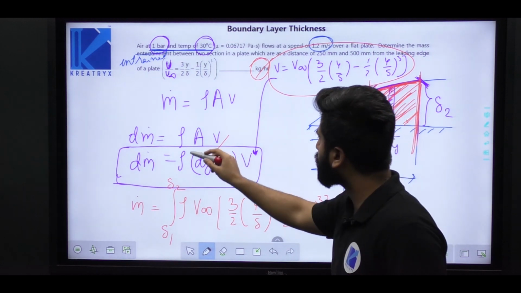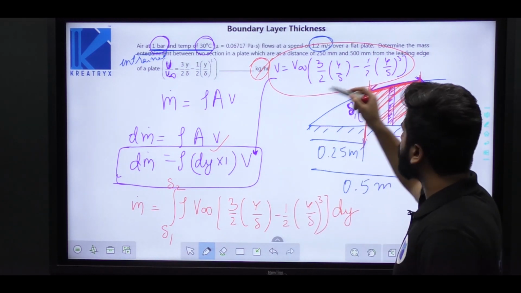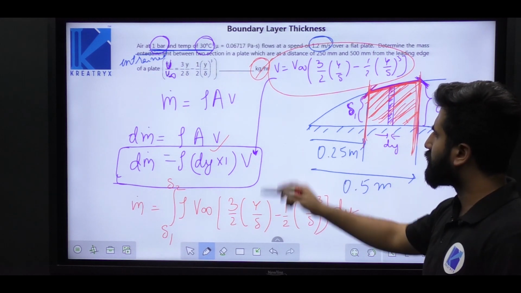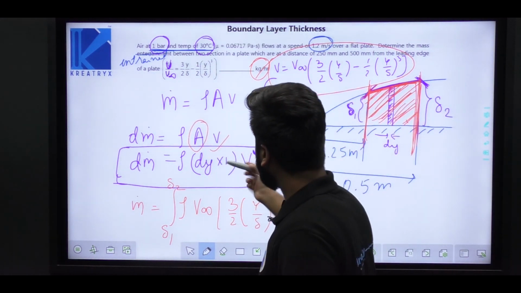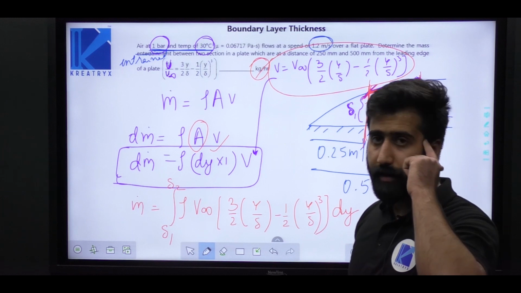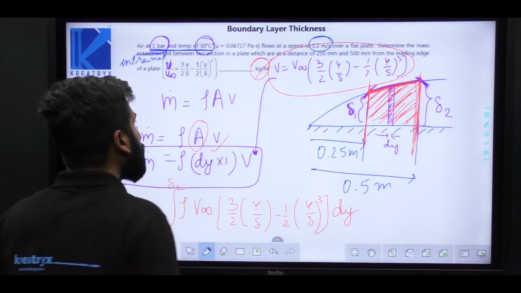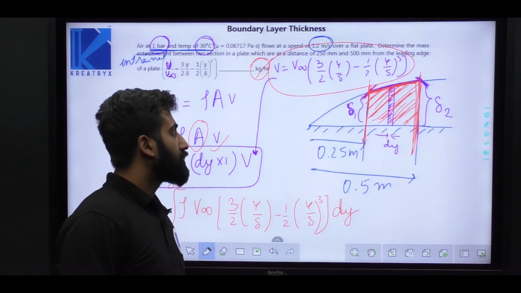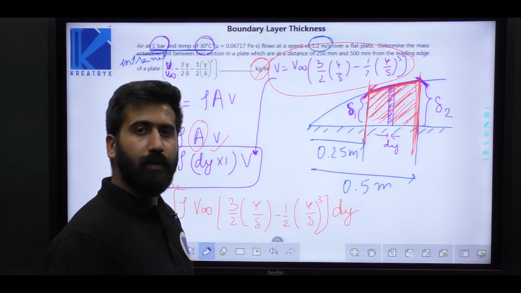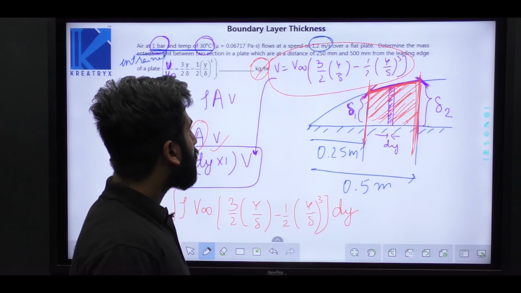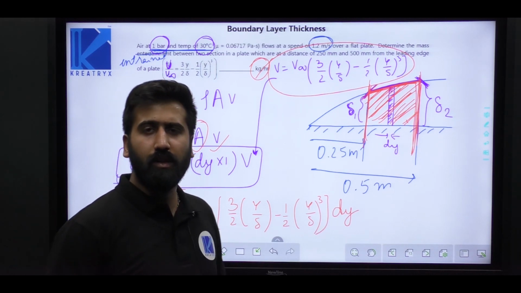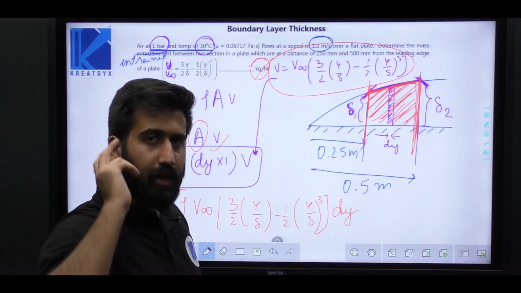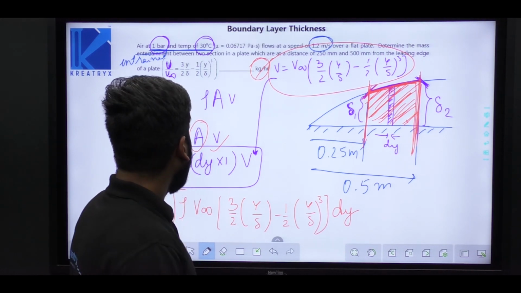Take a smaller section dy, and consider the area dy into it. So it's an important question, and not a lengthy one. When you solve it yourself, you can get the answer within 3 or 4 minutes at max. Please be careful with the calculation.